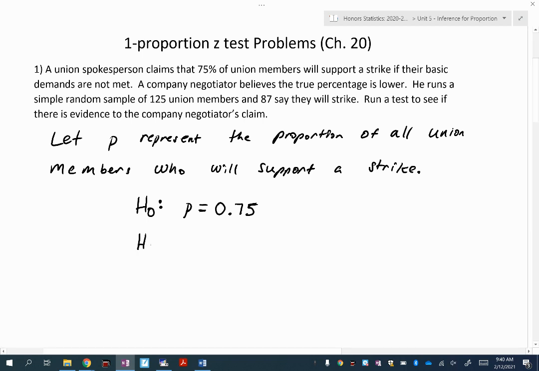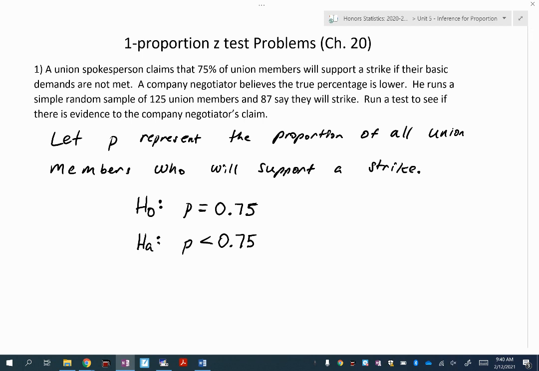For the alternative, what do you want to use for the alternative hypothesis? What are we trying to prove here? Very good. The company negotiator is trying to prove that this rate is actually lower than 75%.